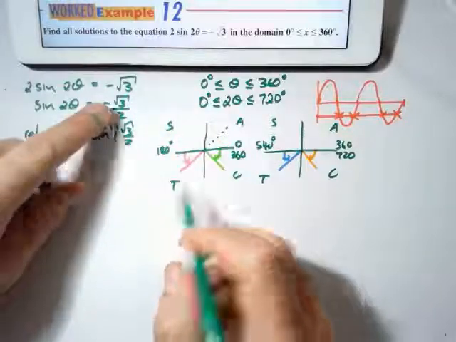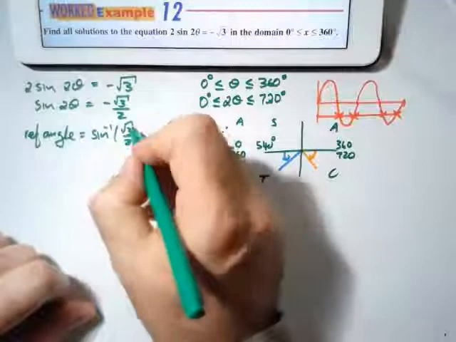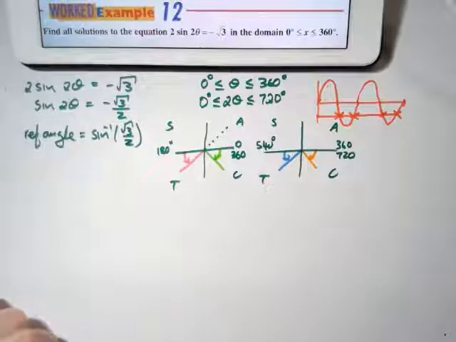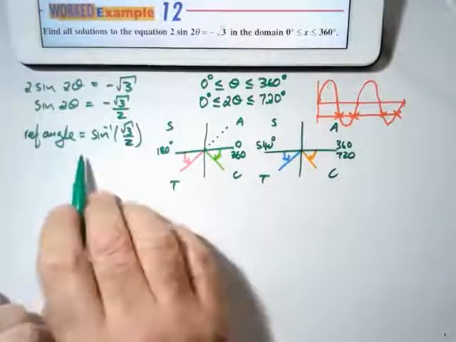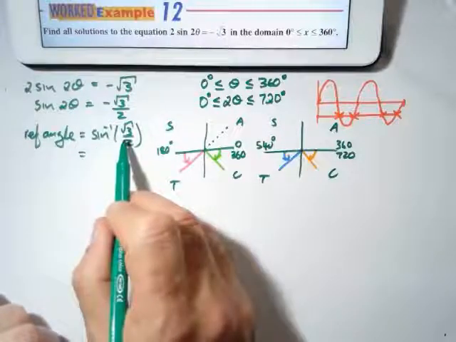Remember, the negative told us where this is. Now I'm done with that negative. That negative has as little influence as you can imagine. So arc sine of square root 3 over 2.